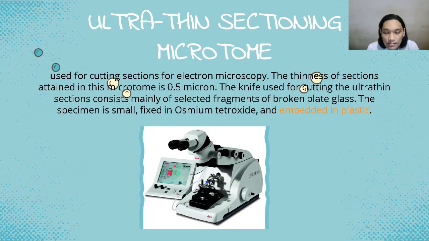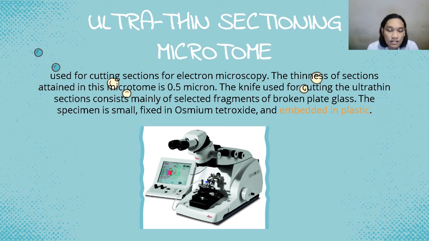And the last kind of microtome is the ultra-thin sectioning microtome. It is used for cutting sections for electron microscopy. The thinness of sections attained in this microtome is 0.5 micron. The knife used for cutting the ultra-thin sections consists mainly of selected fragments of broken plate glass.